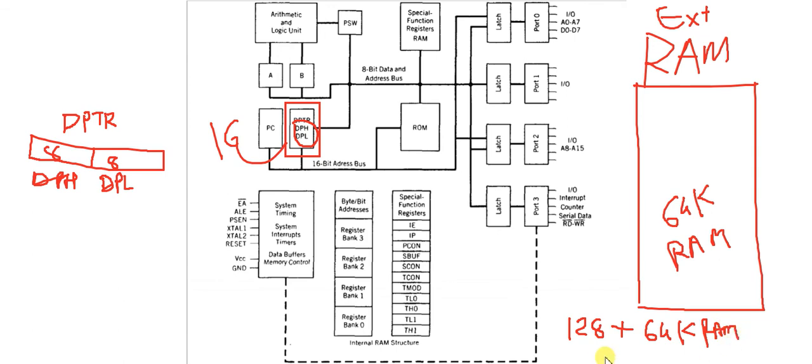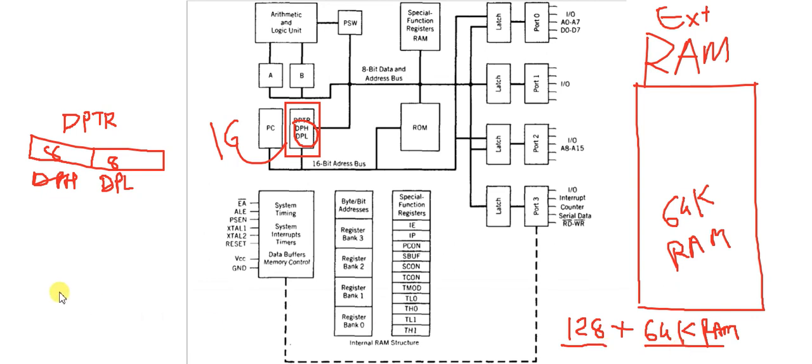So the total memory access of RAM with 8051 is the summation of internal RAM plus external RAM of 64K. Okay, so a total of 128 bytes plus 64K of RAM we can connect.